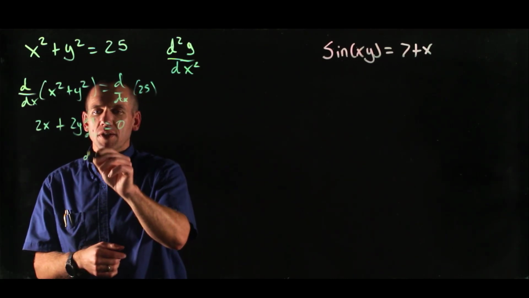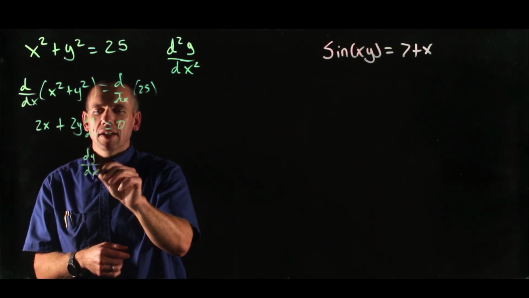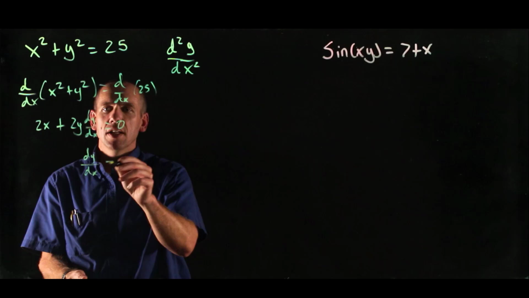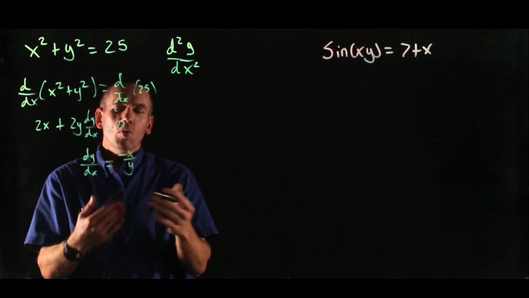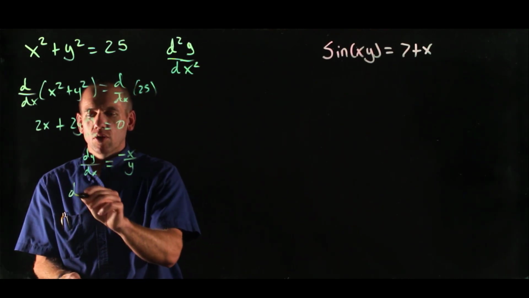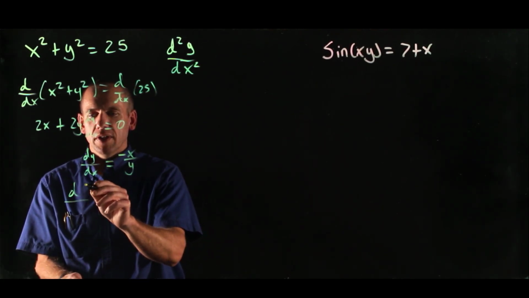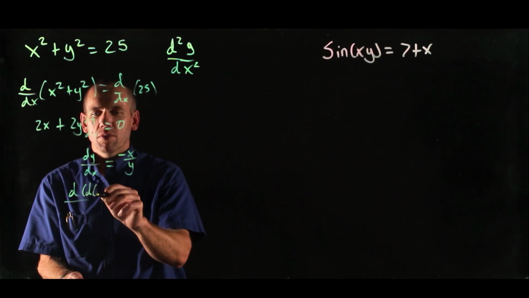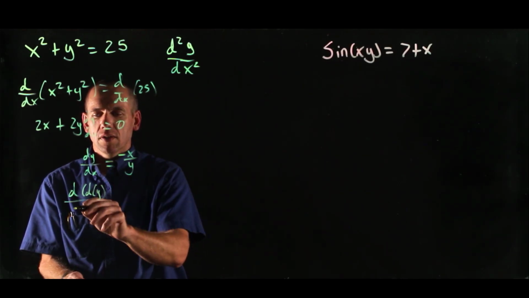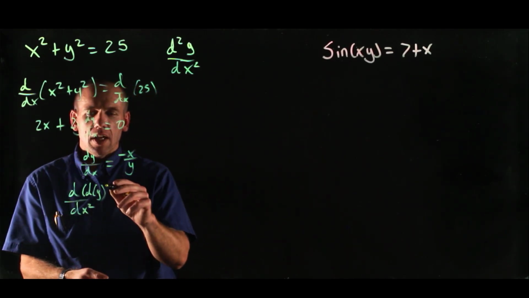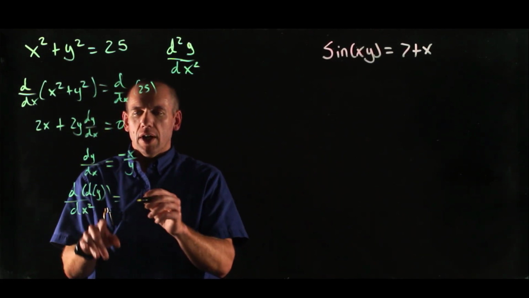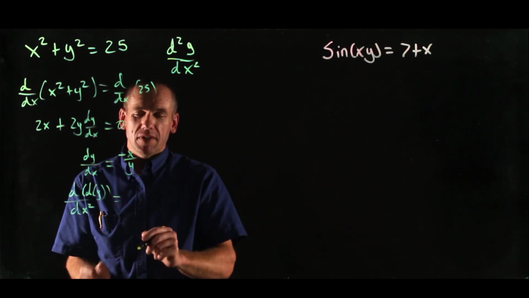We solve this for dy dx, and we get negative x over y. And then we do the derivative again. So we take the derivative with respect to x of dy dx. And so this is equal to, well, we apply the derivative to this side.